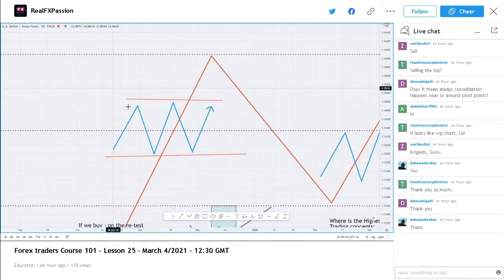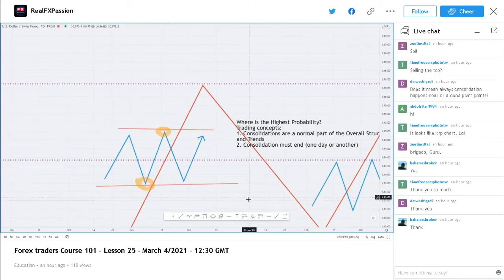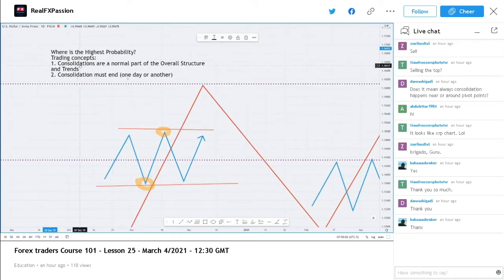Talking about probabilities, do we have a greater chance to win buying the market or selling or shorting the market? And remember, there is no right or wrong. Trading concepts here: consolidations are a normal part of the overall structure and trends. Consolidation must end one day or another.